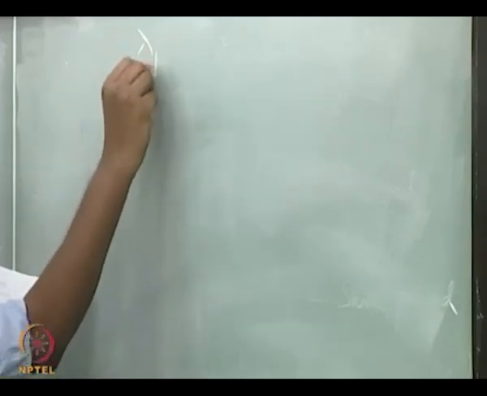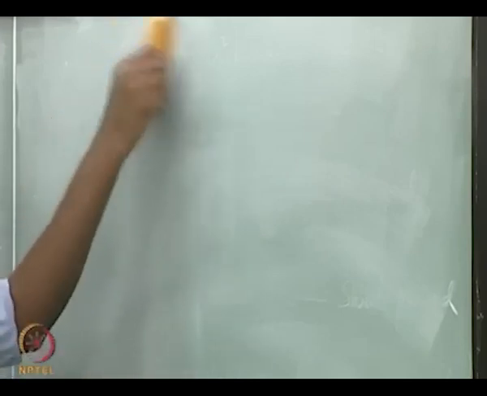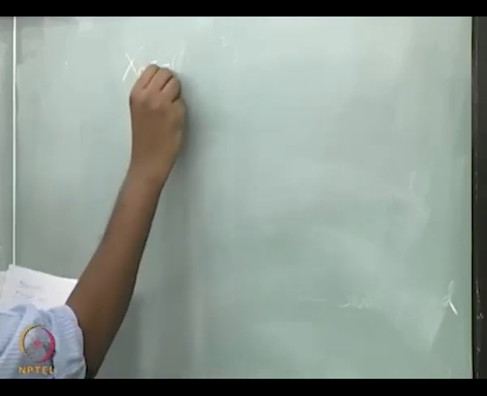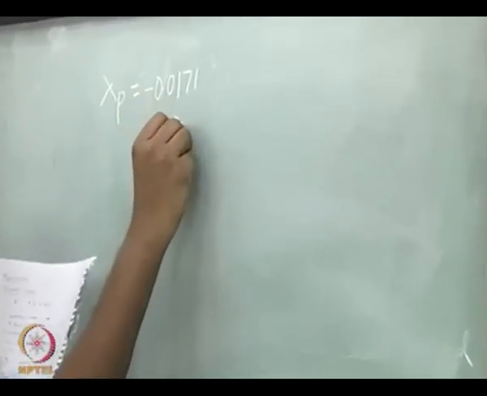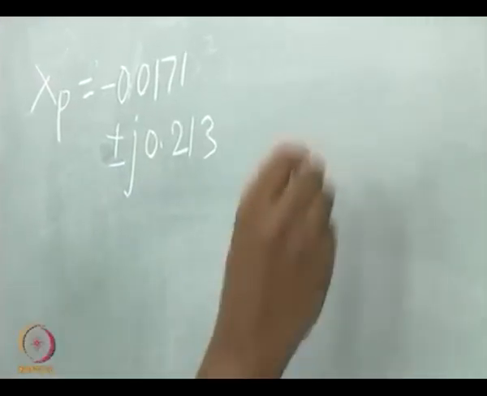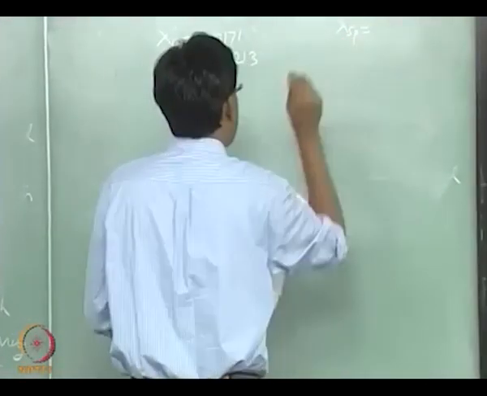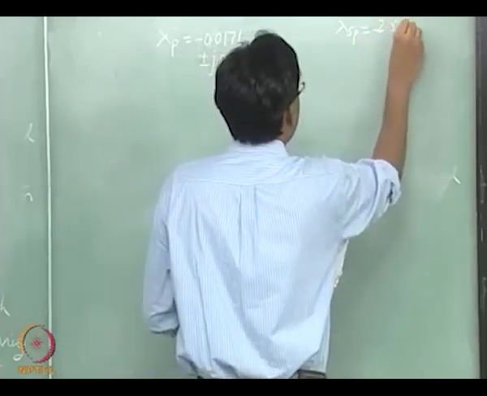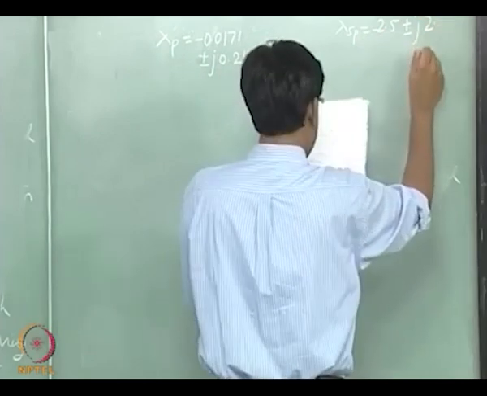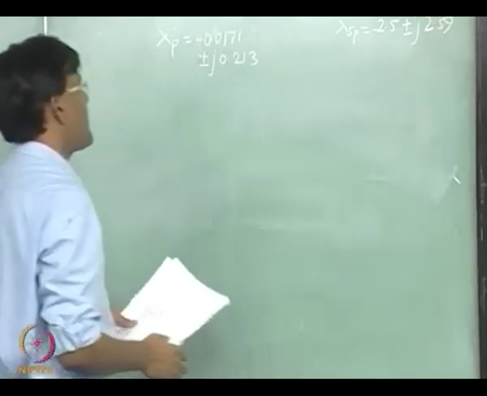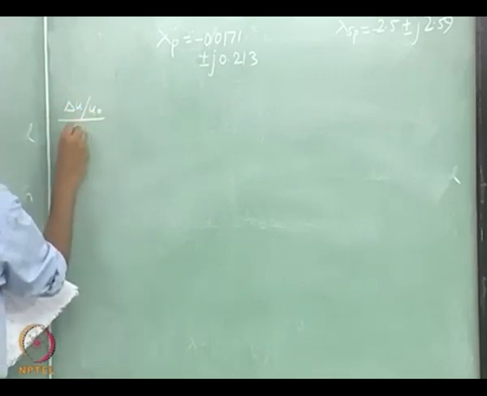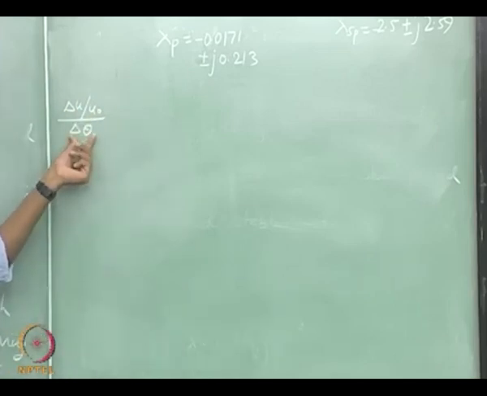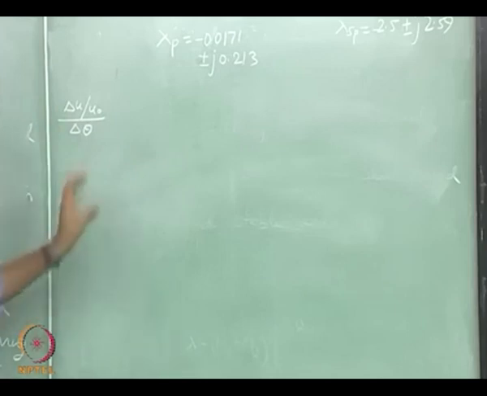So, phugoid, short period eigenvalue. What I am doing is I am assuming this delta theta to be 1, and looking at other variables with respect to that.